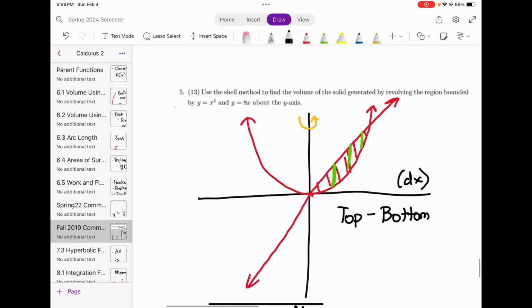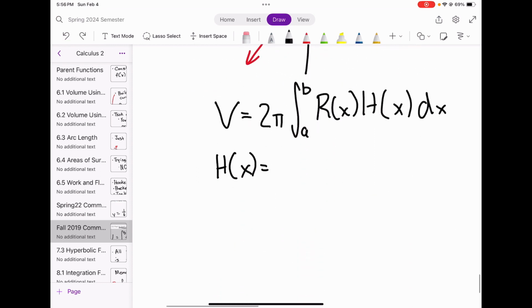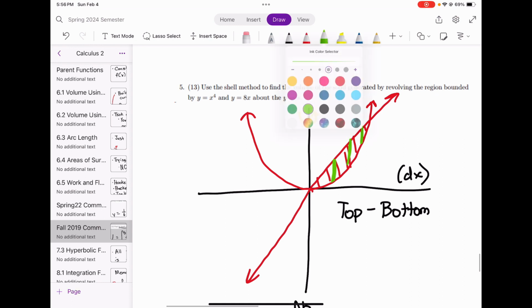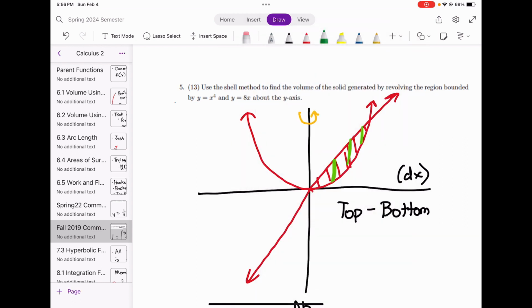So what is the top function? Y is equal to 8x. And the bottom is going to be y is equal to x to the fourth. So h of x is equal to 8x minus x to the fourth. And that's it. R of x is the distance between, I'll use a different shade of green, the axis of rotation and the graph.